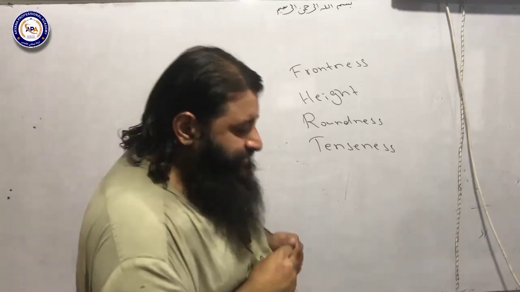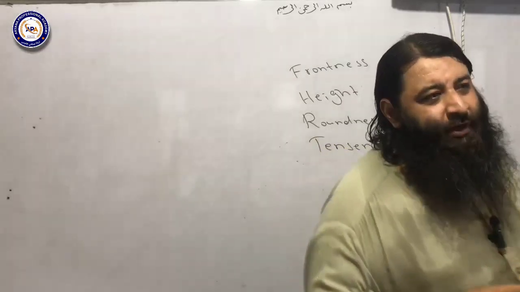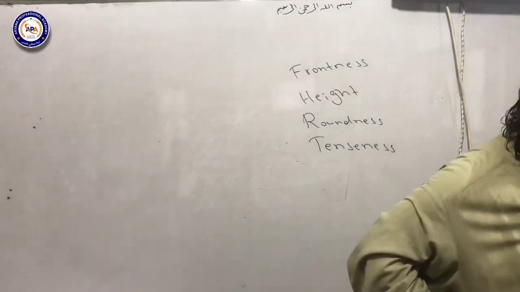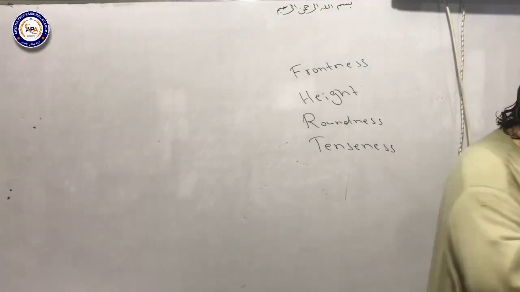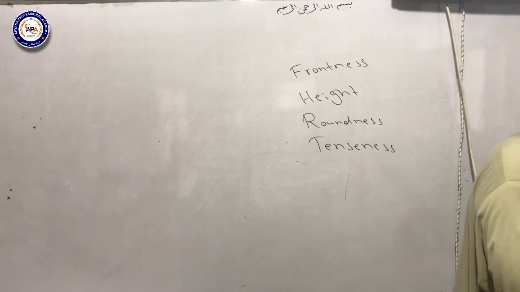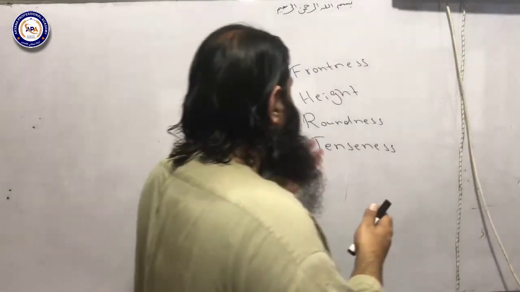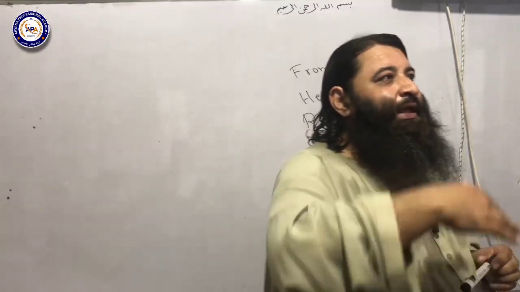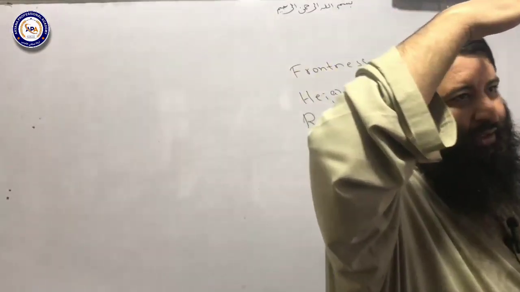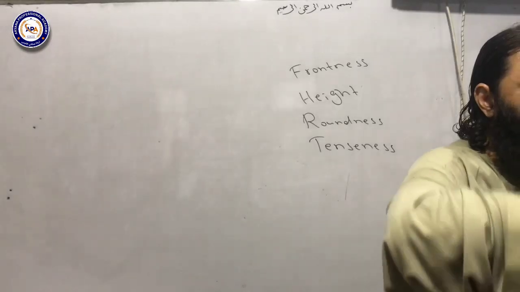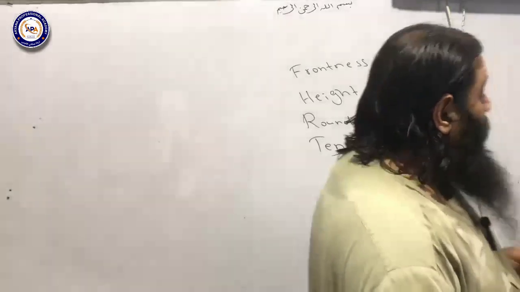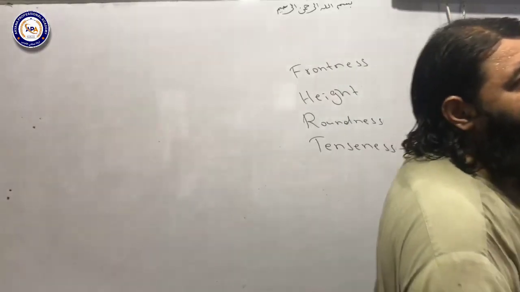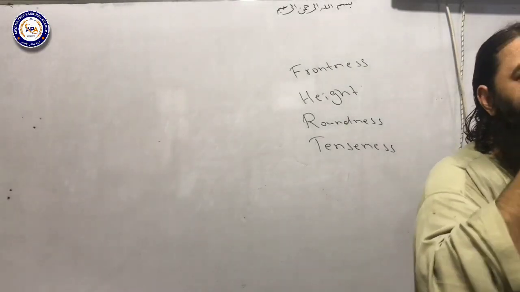Based on frontness, we yesterday studied that some vowels are pronounced in the front part of the mouth, some in the back part of the mouth, and some in the middle. Next, we have height. Based on height, some vowels are pronounced in the higher position of the mouth, some in lower position, some in the middle again. And based on roundness, in some vowels we round our lips.